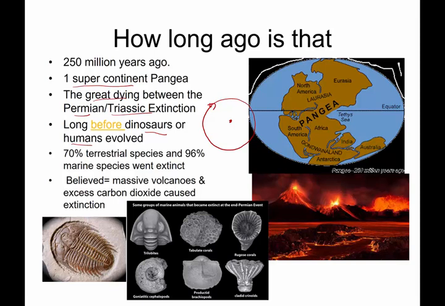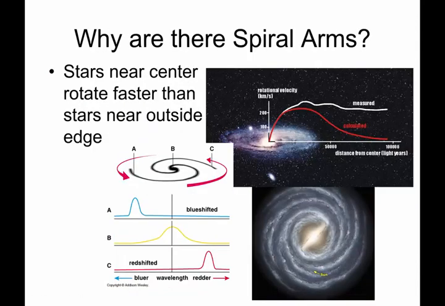And things like trilobites, crinoids, if you love fossils and stuff like that, this was the period of time where they ruled the earth and they went extinct. So very interesting stuff. What caused that extinction? They believe massive volcanoes, lots of carbon dioxide really changed the climate, weather, and environment.